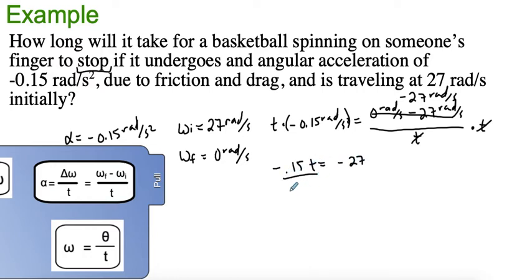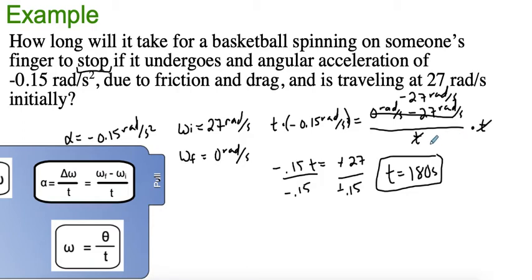And we're going to divide both sides by negative 0.15. Throw that in our calculator, and we know that we're going to get a value for time, which will be 180 seconds. Okay. So if you have your signs right, and you're doing final minus initial, things will cancel out, and you'll get a positive value for time.